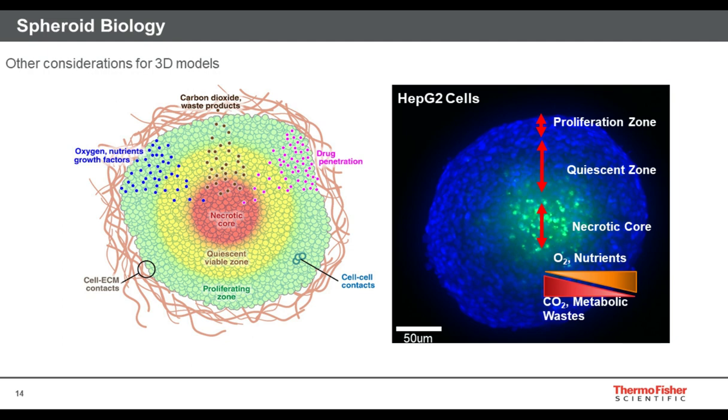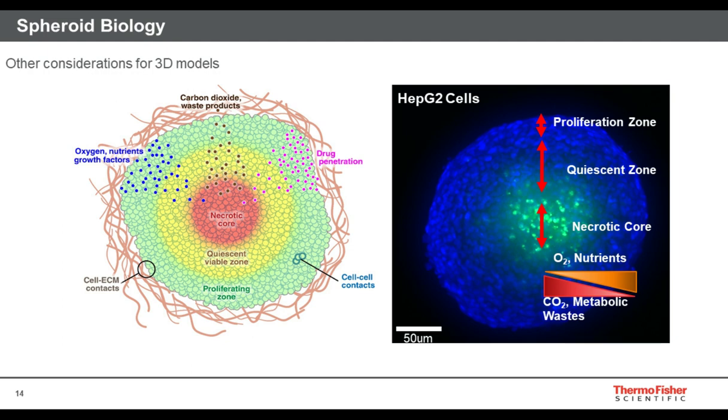This includes gradients of oxygen, nutrients, and growth factors that are in the cell culture media. And so in a 3D cell culture model, the cells on the outside of your spheroid or your organoid see the highest concentrations of these things.